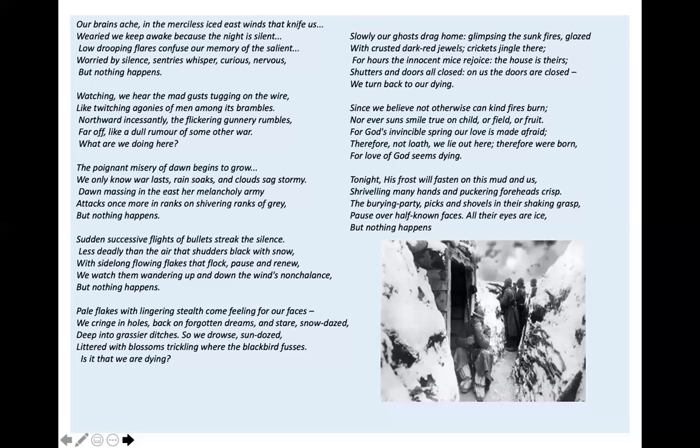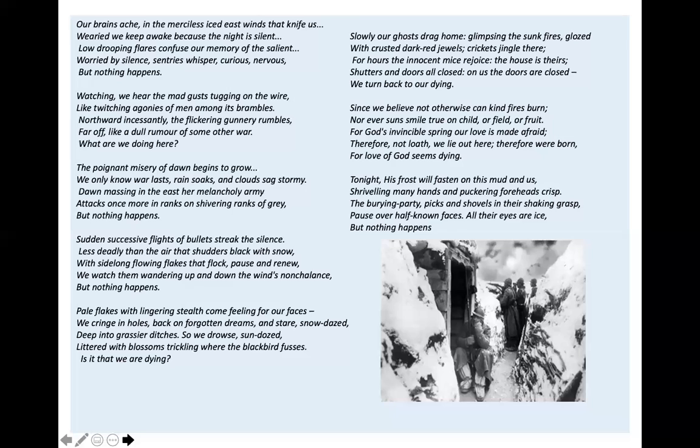So the poignant misery of dawn begins to grow. So dawn is personified again in terms of being regretful, being miserable. So the waking morning itself is a misery to these men. They only know that war lasts, rain soaks, and clouds sag storming. So the only thing they know for sure is the environment, the nature. Nature is horrible. The rain, the clouds, the miserable morning.